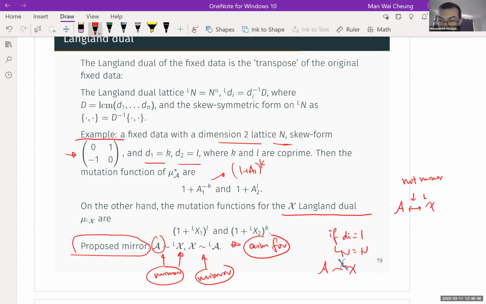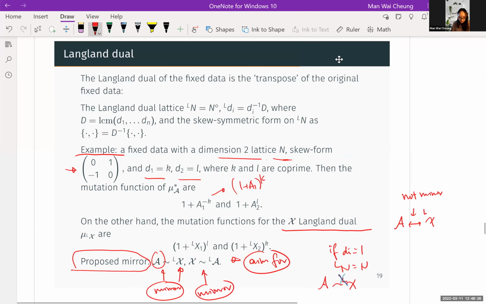Yeah, I know it's a bit much, but people have asked me about the iteration. Some of my other collaborators, like Tim Gräfnitz or Helge Ruddat, will talk more about it.